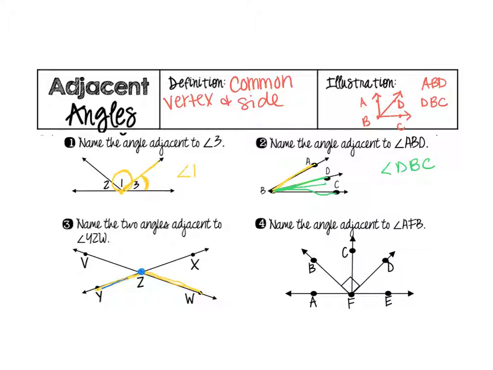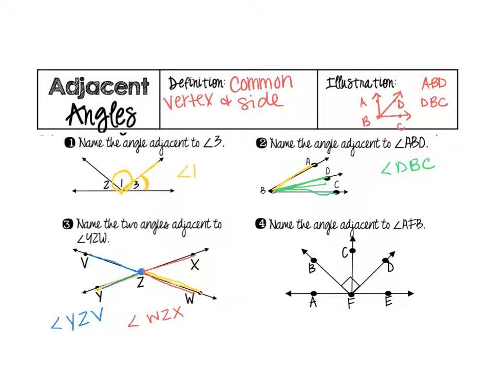The first one is going to be angle YZV, and the second one is going to be angle WZX or XZW. It doesn't really matter which way you write it.